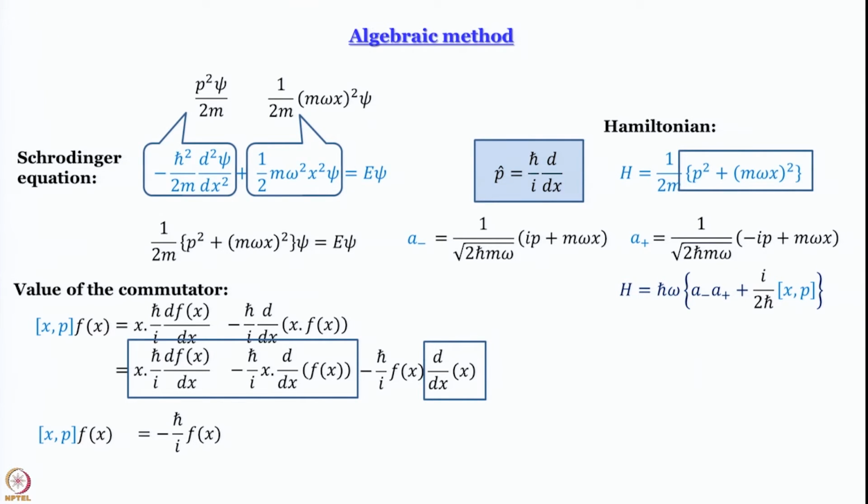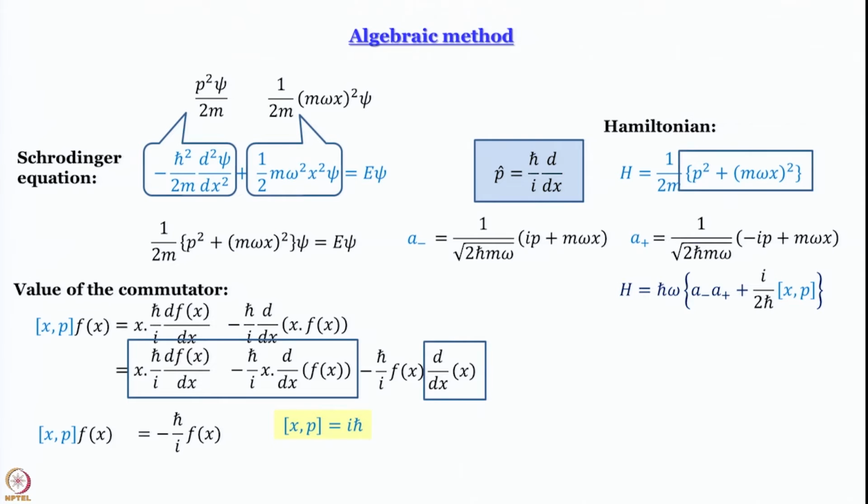So the commutator of x and p operating on f(x) gives us minus h cross by i f(x), an eigenvalue equation. So what is the value of the commutator of x and p? The value is minus h cross by i, or I have written it in another form, i h cross.